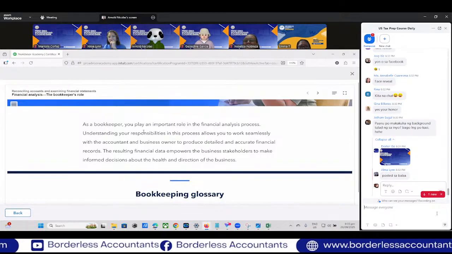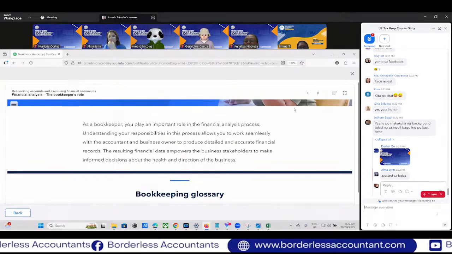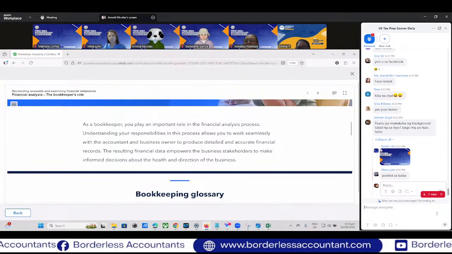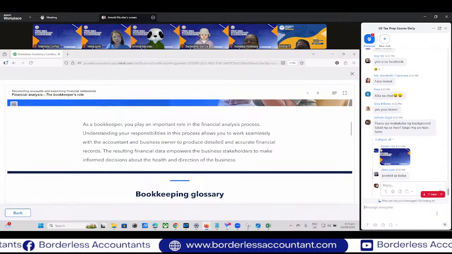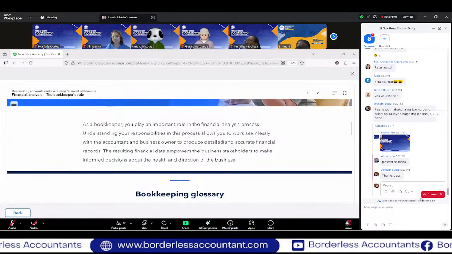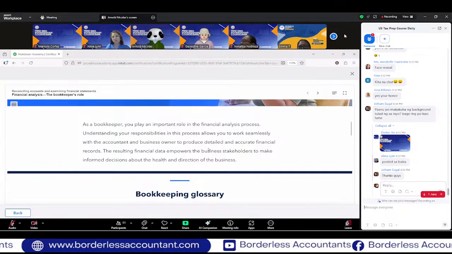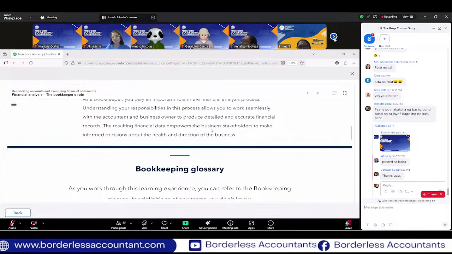Understanding your responsibilities in this process allows you to work seamlessly with the accountant and business owner to produce detailed and accurate financial records. The resulting financial data empowers the business stakeholders to make informed decisions about the health and direction of the business.